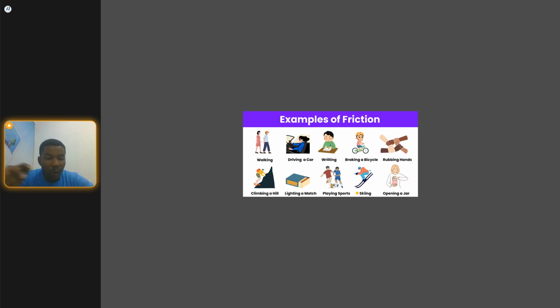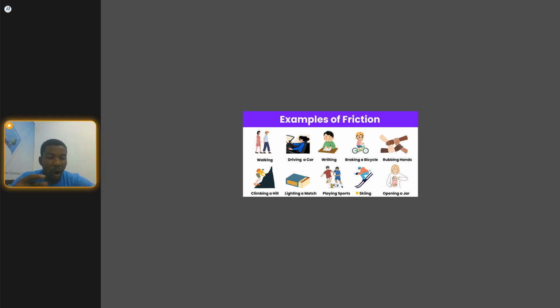So if you check almost all the shoes you are wearing, they have a rough surface, and it's to enable walking, because that rough surface is needed for friction to take place, because friction helps us to walk on the surface of the earth. So if you are wearing a shoe with a smooth surface on a smooth surface, you are likely to fall, because at that moment friction might not take place.